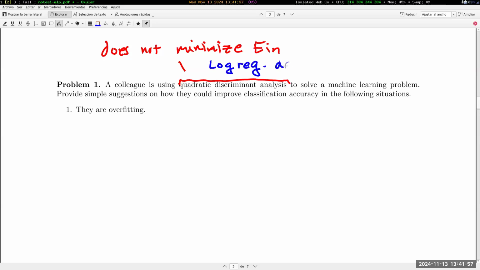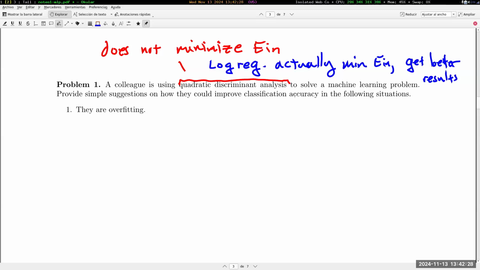Logistic regression actually minimizes E_N, and so you'll get better results. The statistical properties, the generalization error, are the same between these two hypothesis classes, but one directly minimizes E_N, the other does not. And so the one that minimizes the in-sample error will get you the better results.